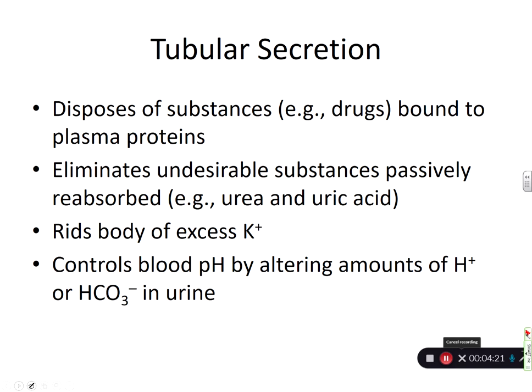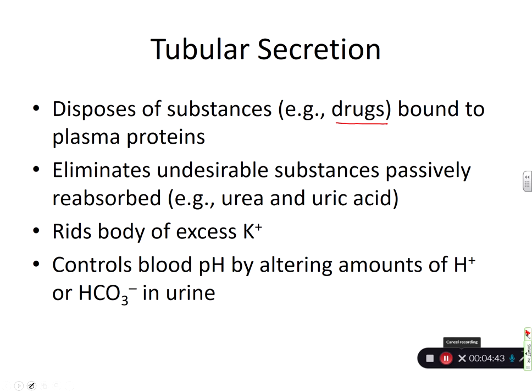During tubular secretion, this is also a chance for us to get rid of things that might be bound to the plasma proteins, like drugs, for example. It also helps us get rid of things we don't need that end up getting reabsorbed in that second step. So things like urea and uric acid. These make up a huge portion of your urine. They're wastes.